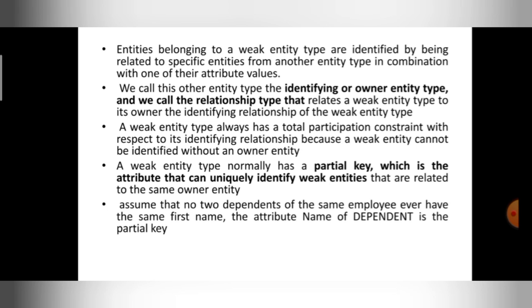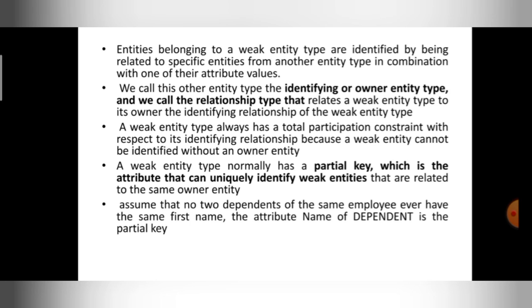Suppose I have two relatives' information; two relatives can't have the same name. That's why I can make the name the partial key. Hope you are understanding, guys. The partial key is the attribute that can uniquely identify weak entities, and it's purely dependent on the employee entity. If you remove the employee, these details will also be removed. That's why it's a weak entity.